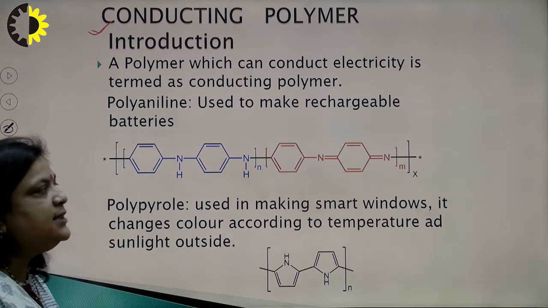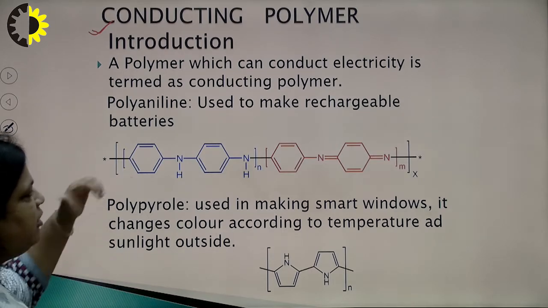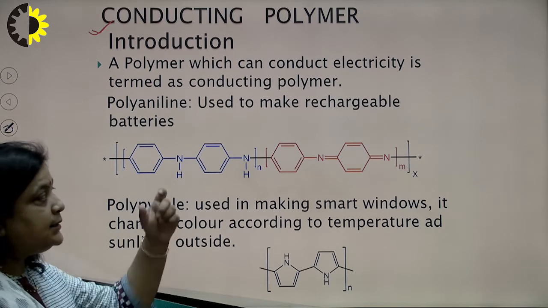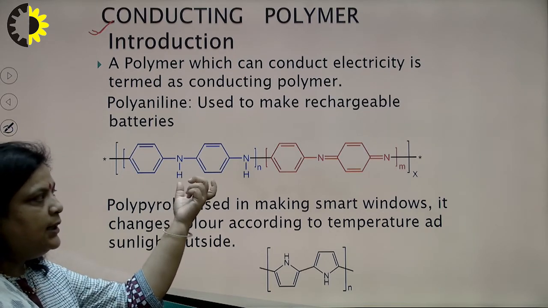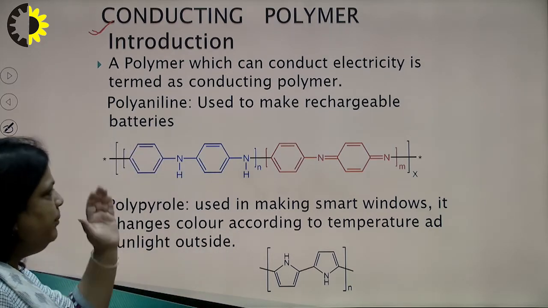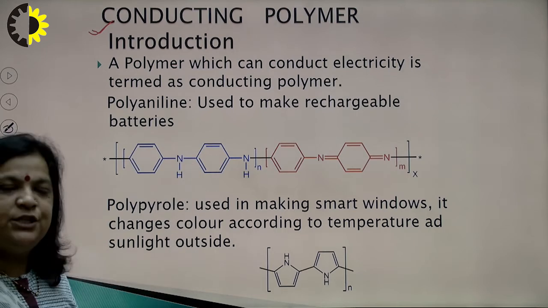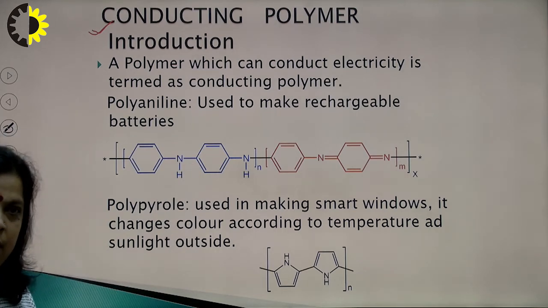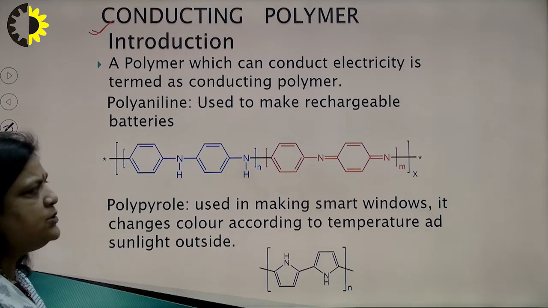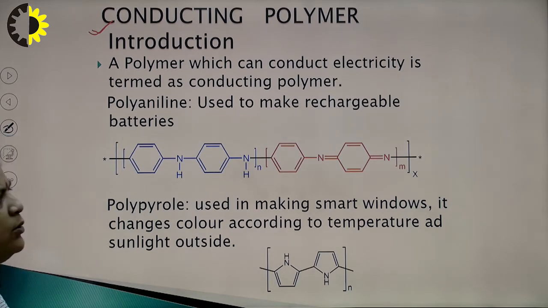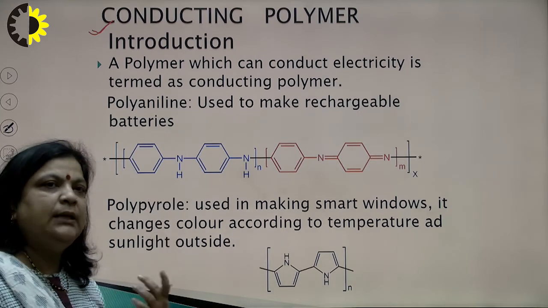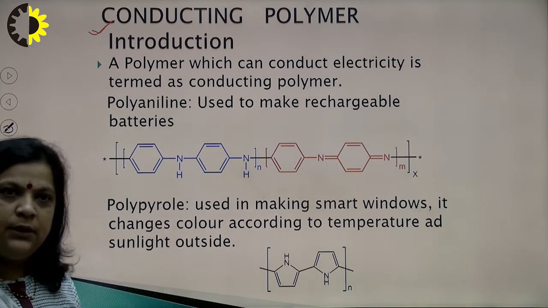But in the 19th century, in the case of polyaniline, it was found that conductivity may be increased, or it shows conductivity because of the presence of conjugation or alternating double bonds. There was a lot of research after this, and in 2000 the Nobel Prize was awarded for this research, the preparation and properties of conducting polymer.